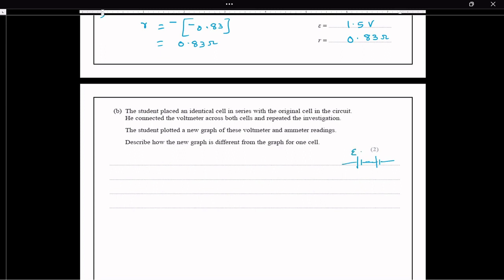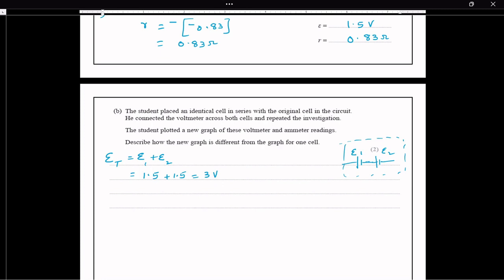This is EMF 1 and this is EMF 2. When two identical cells are connected in series, the total EMF is the sum of the individual ones. We already calculated one as 1.5, from the graph, so now the total EMF is 3 volt.